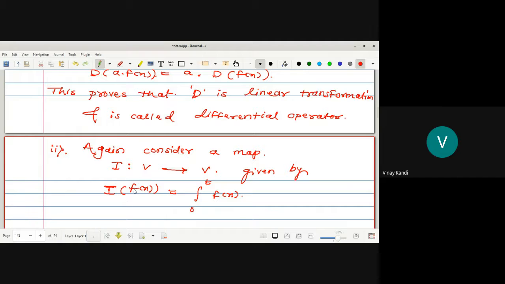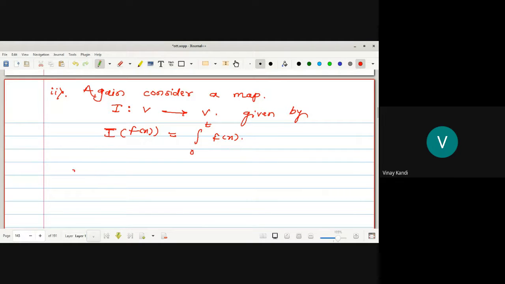We define the mapping like this. Now, instead of the derivative, we define the integration of that function from 0 to t. Now, through the first condition of linear transformation.